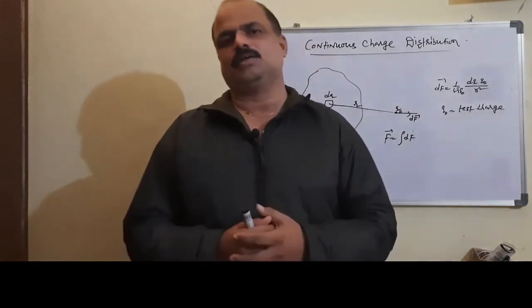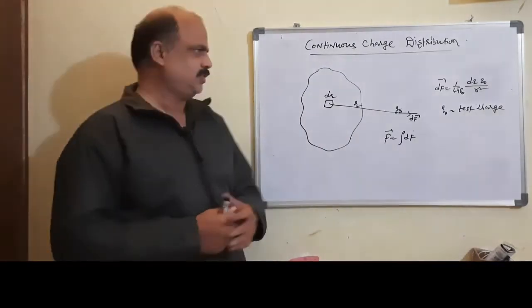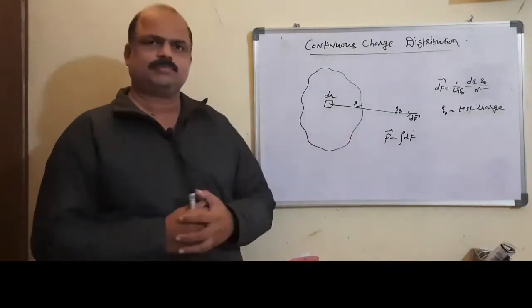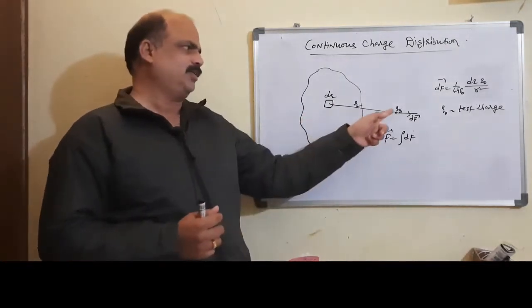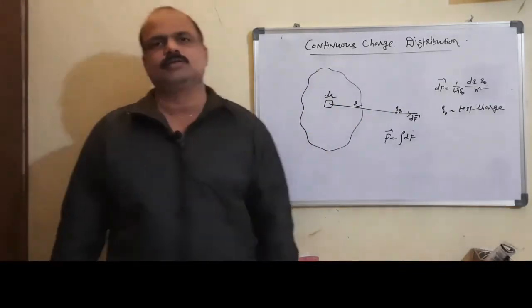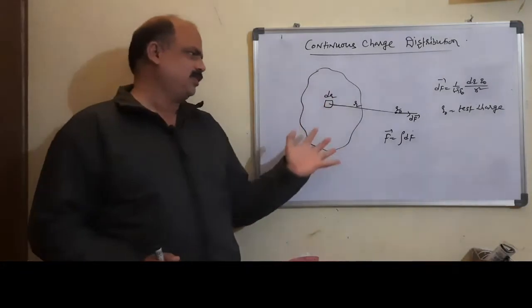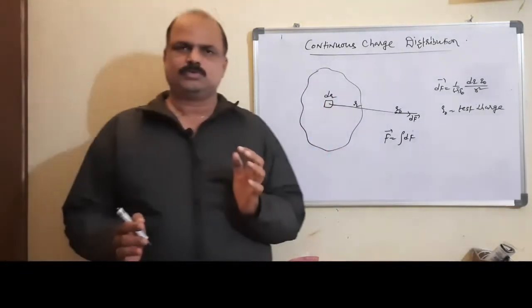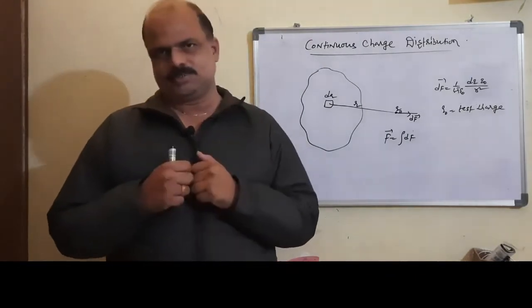So let us discuss one example. This is a charged material. We want to find the force acting on the test charge Q0 due to this charged material. Now divide this charged material into several small charged elements.